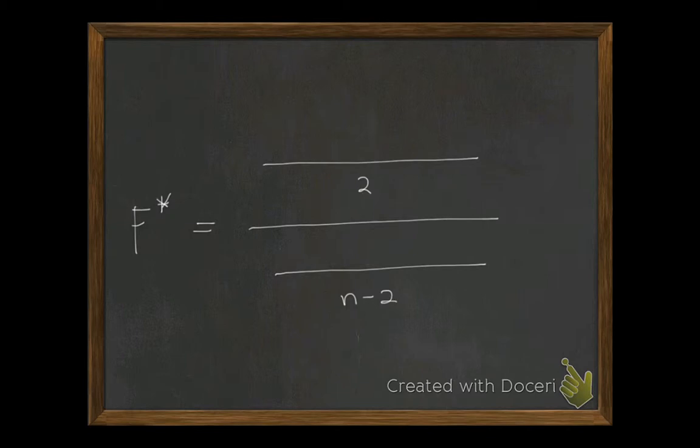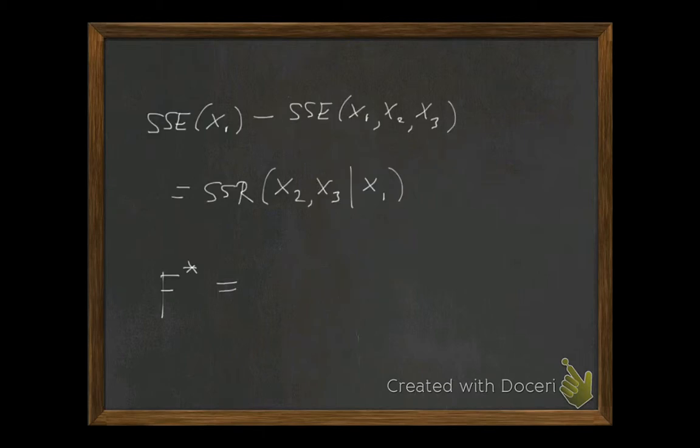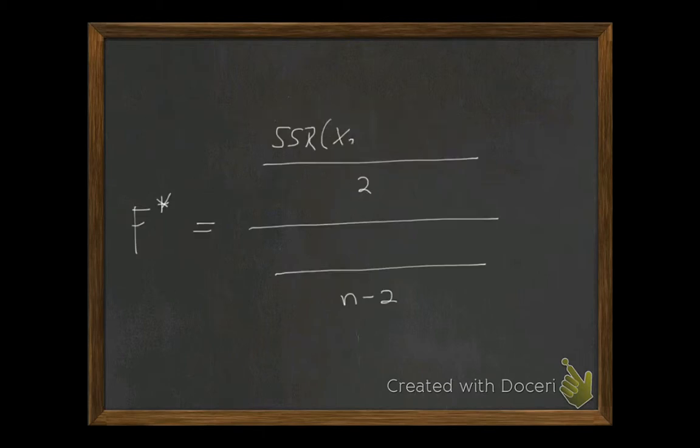And then, of course, we're going to have sum of squares regression for adding x2 and x3 to the model when x1 is in our model, and then down here we've got sum of squares for the error for the full model, okay?